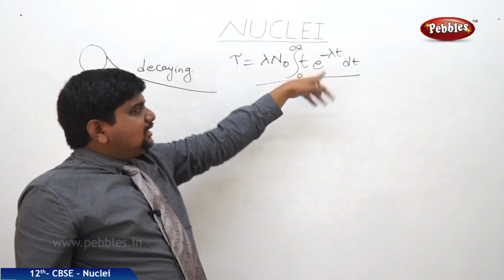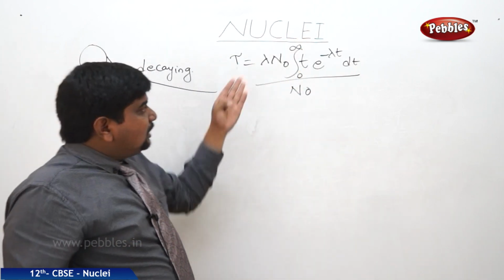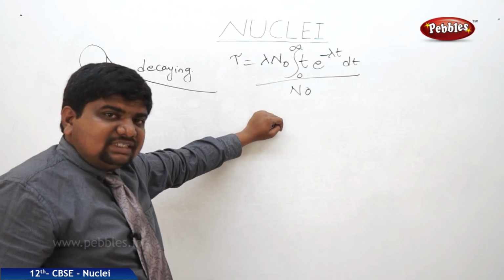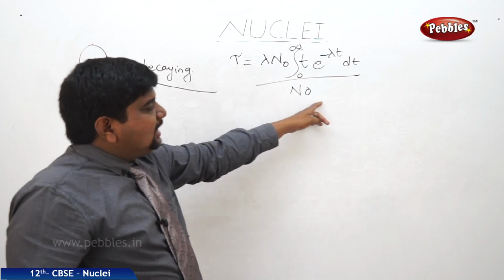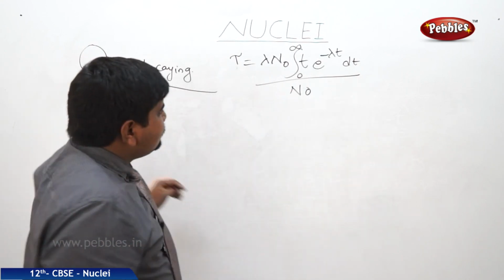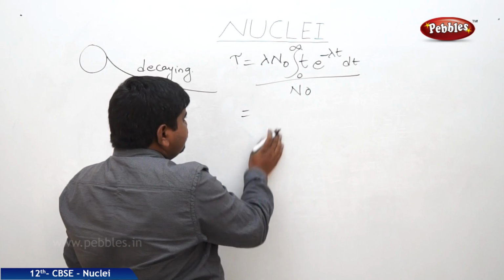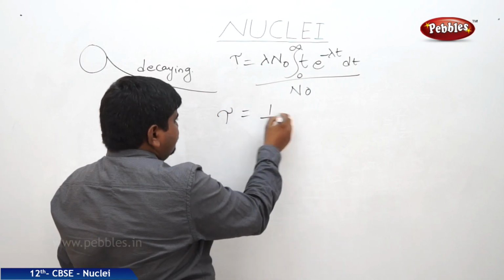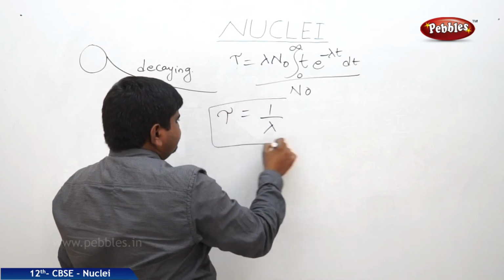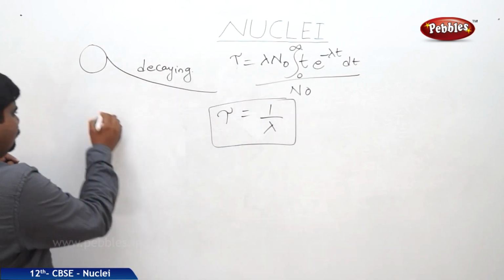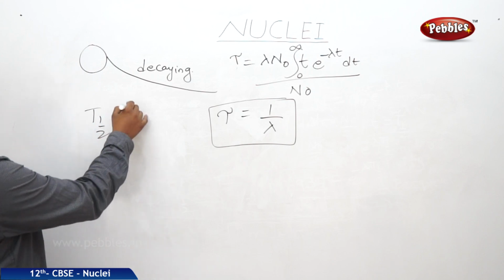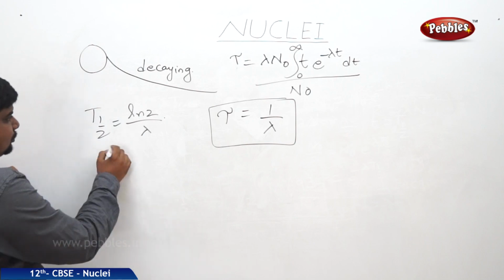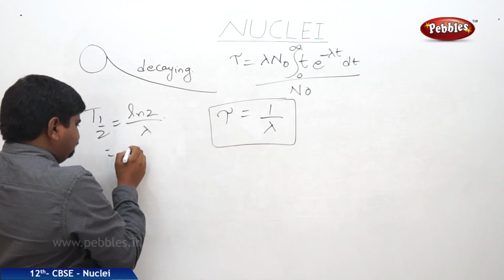We multiply with the time, because the time increases with the number of decayed samples. N0 and N0 get cancelled. Therefore, we get tau is equal to 1 by lambda. We know that t half is equal to ln 2 by lambda, so 1 by lambda is equal to tau.